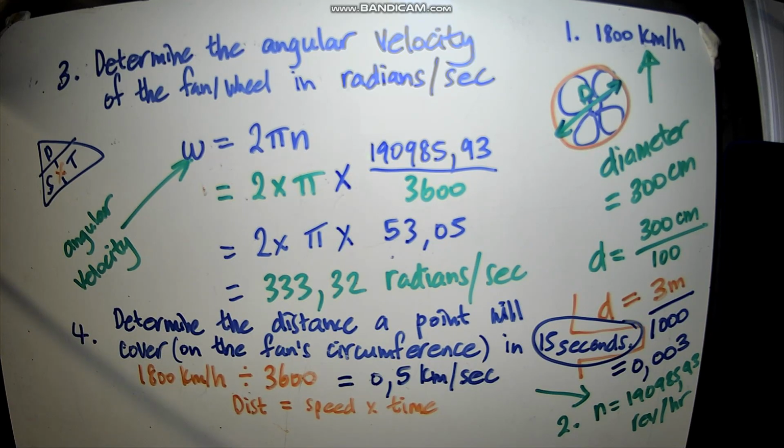So the speed is 0.5 kilometers per second and the time is 15 seconds. Put it into a calculator. We get the answer 7.5 kilometers. So after 15 seconds, the point on the fan has traveled 7.5 kilometers.